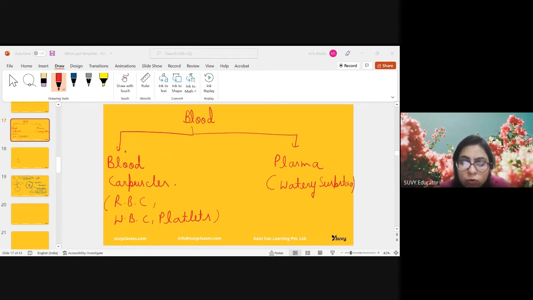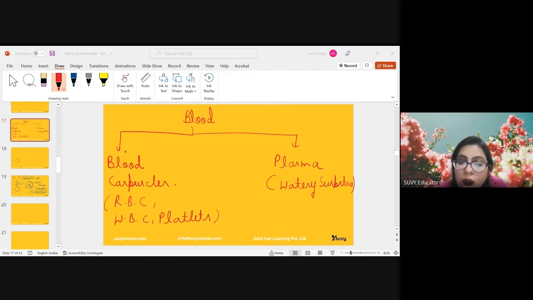Water flows through a pipe, or a straw. You drink a cold drink with that straw, and through the straw the cold drink reaches your mouth. In the same way, blood vessels carry blood from one place to the other. There are two main types of blood vessels, that is arteries and veins.